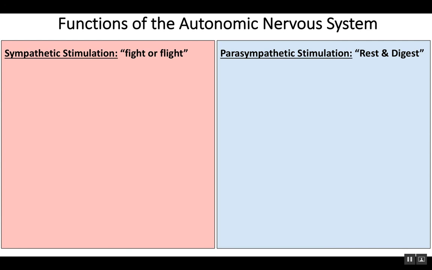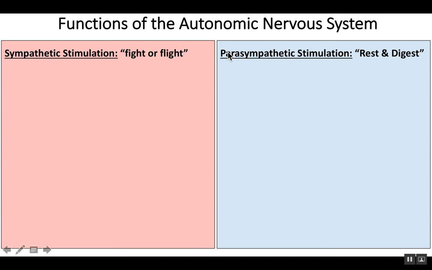So that's going to be our parasympathetic. For sympathetic, I want you to think about a fight or flight response, or one of those E situations. A good one would be exercising. So if you exercise quite a bit, I want you to think about what your body does during exercise. Or an emergency situation, maybe a car accident.